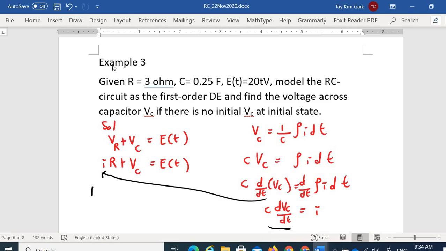So you have RC dVC dt plus VC equal to ET.